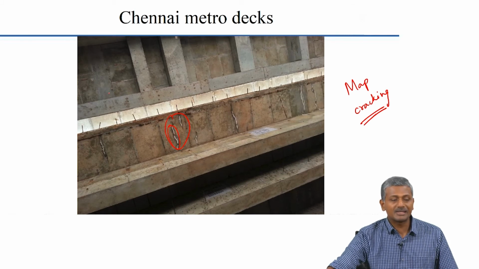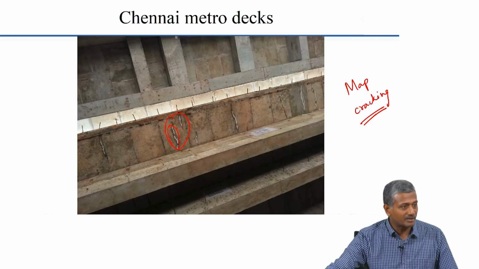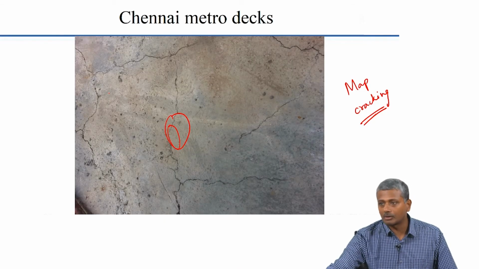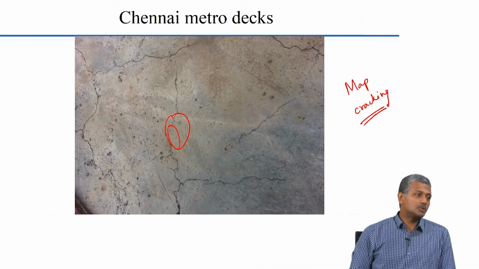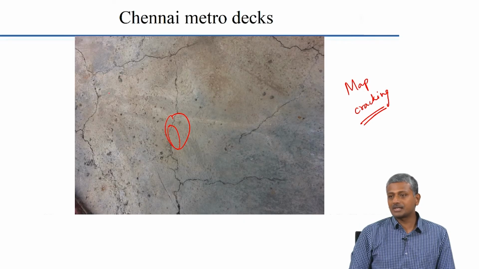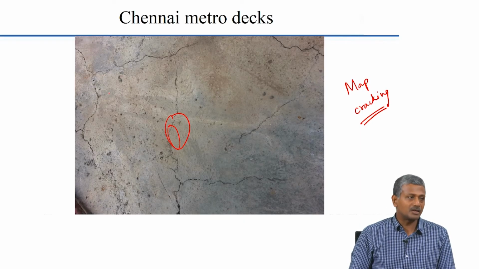Now, it turned out that these slabs were actually made with silica fume concrete, and that too it was self compacting concrete. Okay, the slabs were made with silica fume based self compacting or high flowability concrete, and to ensure that they were not casting it during the hot times of the day, the casting was started in the middle of the night, typically around 3 to 4 a.m. is when they were doing the casting.